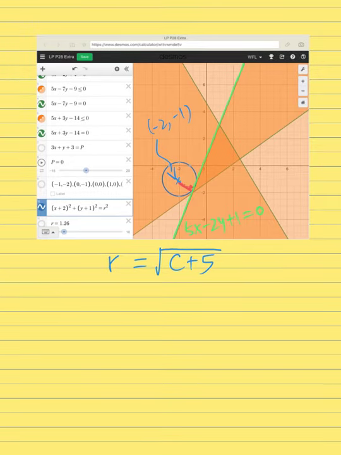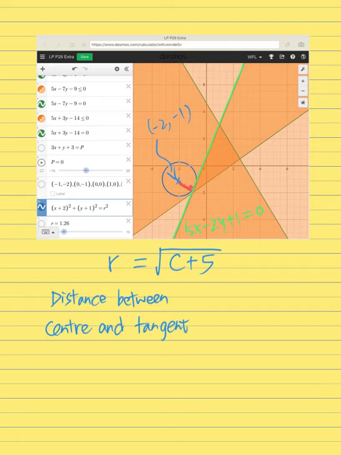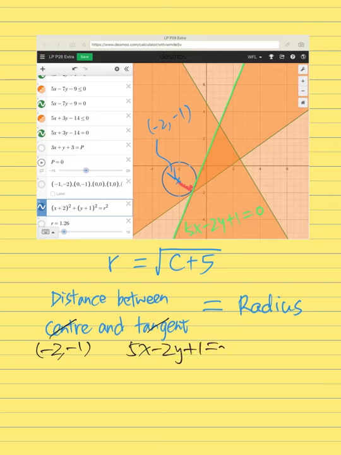Now by tangent perpendicular to radius of circle, the distance between center and tangent is equal to the radius. The center is (-2, -1), and the tangent is 5x minus 2y plus 1 equals 0. The radius is square root of c plus 5.